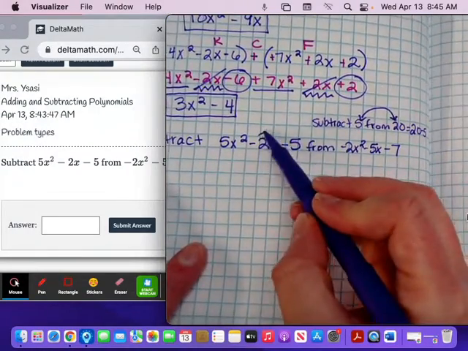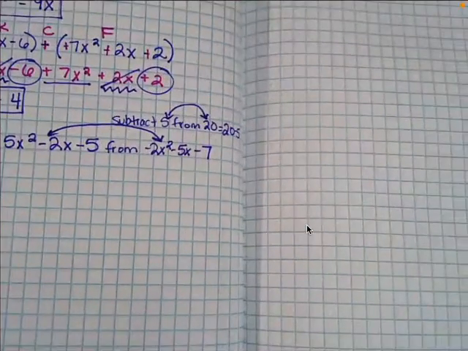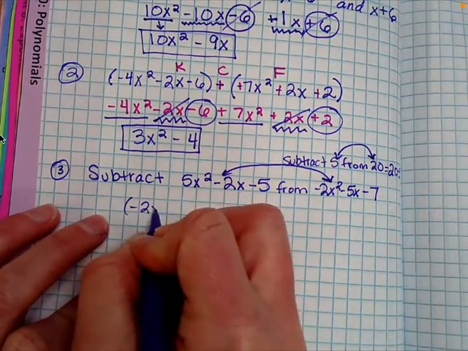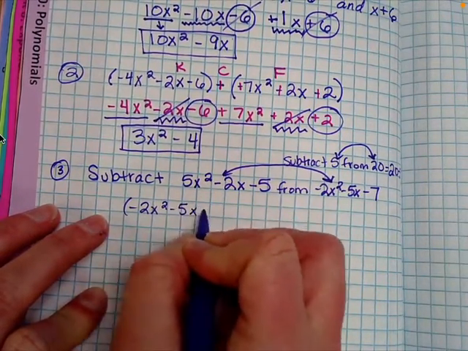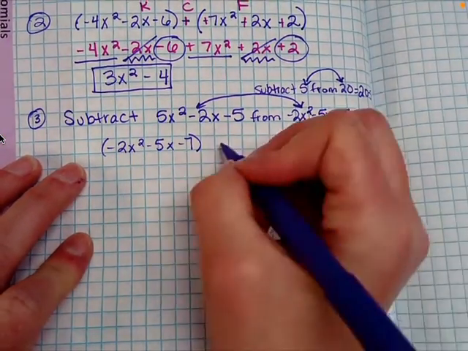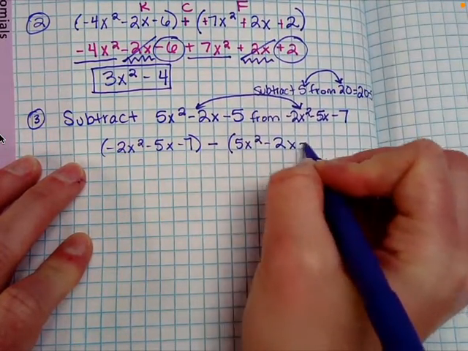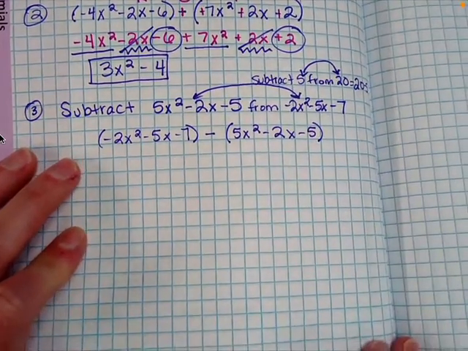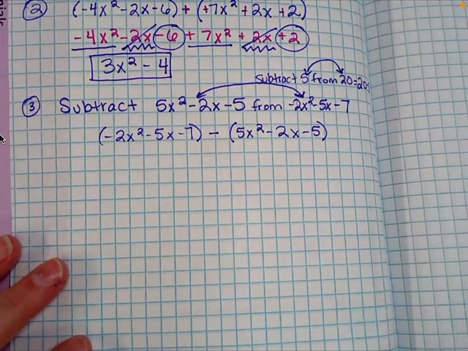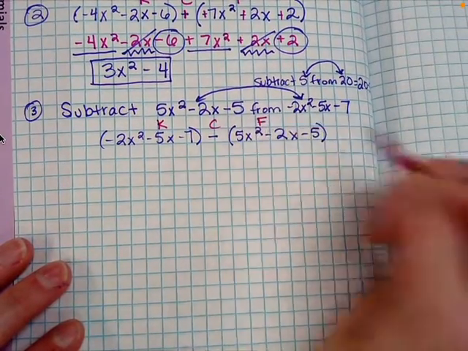Same thing here. You reverse the order. So we're going to put this one first. Put it in parentheses. And then subtract, put the other one in parentheses. So now we do the keep, change, flip.